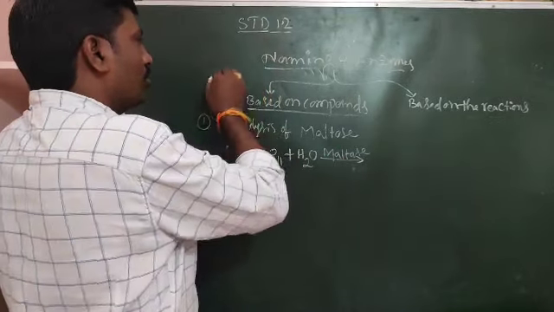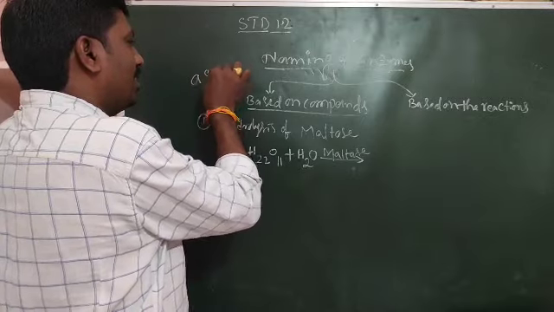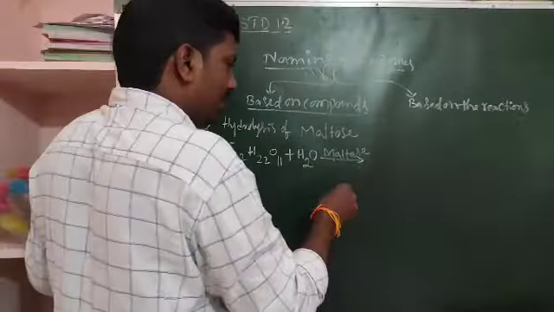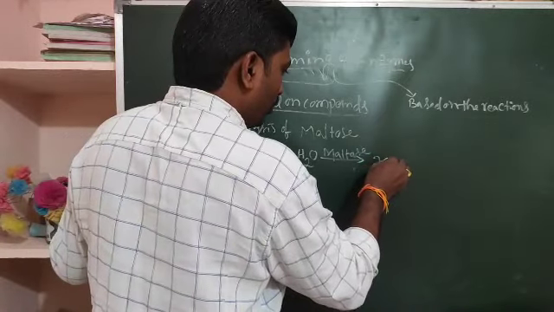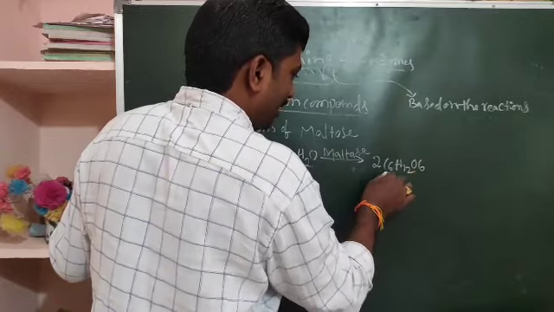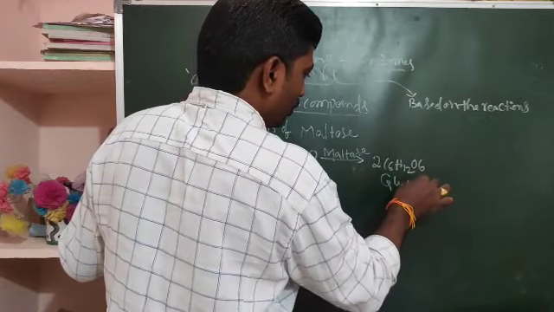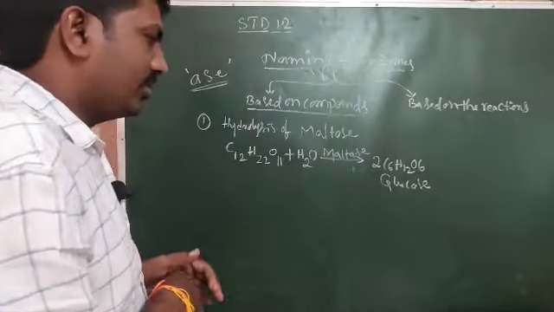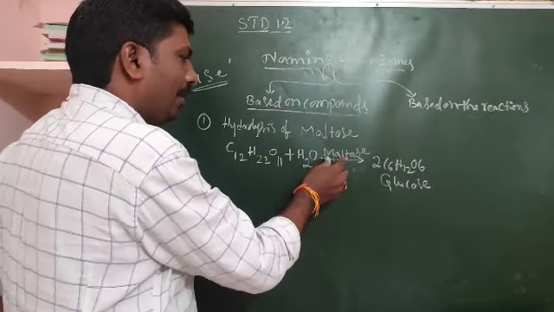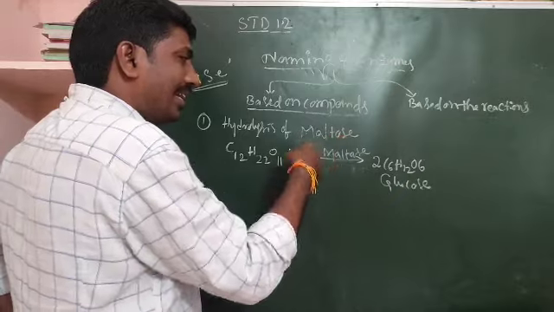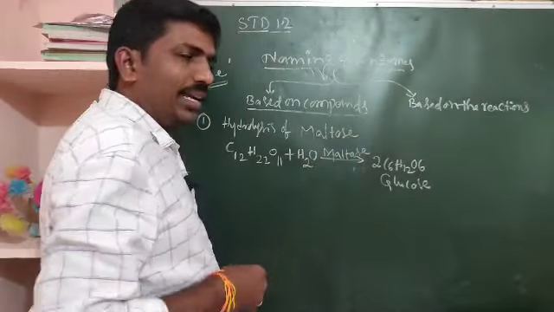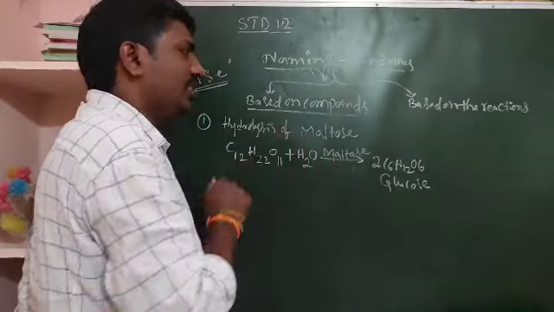Enzyme names end with ASE. Maltase gives 2 moles of C6H12O6, that is glucose. Maltose is converted into glucose with the help of maltase, an enzyme.